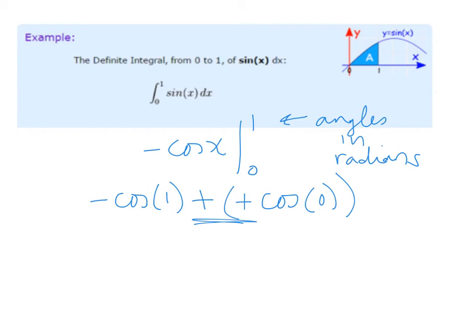So when I do this, negative cosine of 1 plus cosine of 0, I get 0.4597. And notice that that is positive, and this was also the area underneath the curve of sine x from 0 to 1.